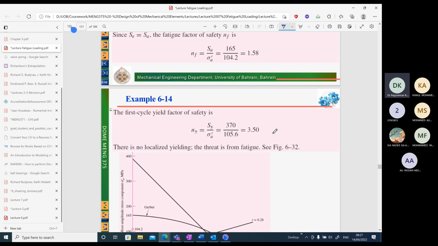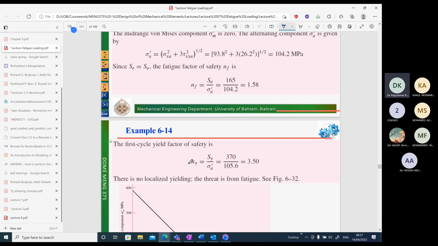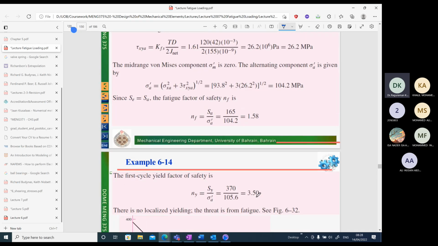So here, what did we find? The yield factor of safety is 3.5, while the fatigue factor of safety is 1.58. So the yield factor of safety seems to be larger.